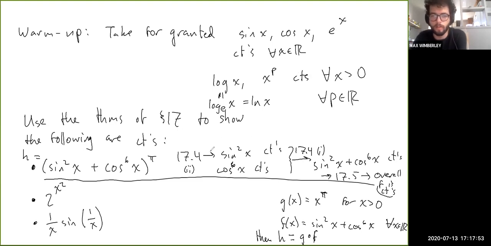Actually, it's kind of annoying to do it with x to the p for this one, because that's for x greater than 0, and sine is not always greater than 0. So for integer powers of sine and cosine, in the context of this specific problem, we want to use 17.4 part 2. And then for raising to the pi, we have to use 17.5 because pi is an irrational number.